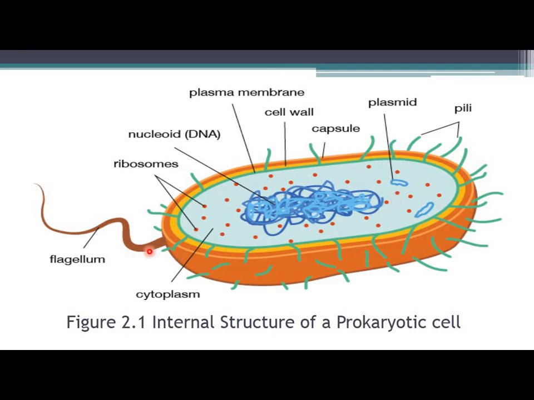And then we have the flagellum or flagella, which is used for mobility, so that this prokaryotic cell or bacteria can move. Then we have the cell wall, which of course is the protection of a cell. We also have the plasma membrane. And then we have ribosomes, those red round dots, that make protein. They provide the protein in a cell.